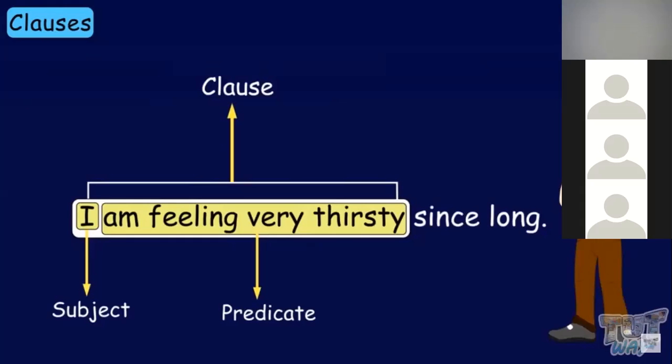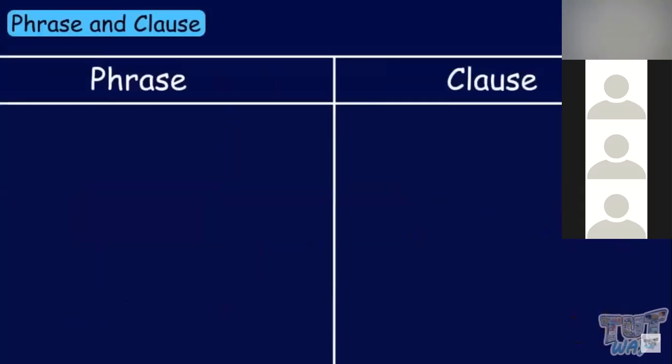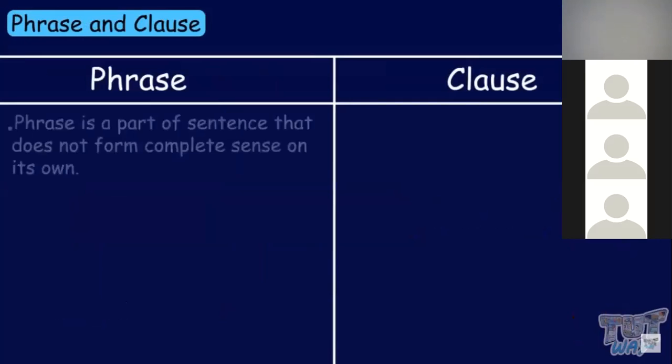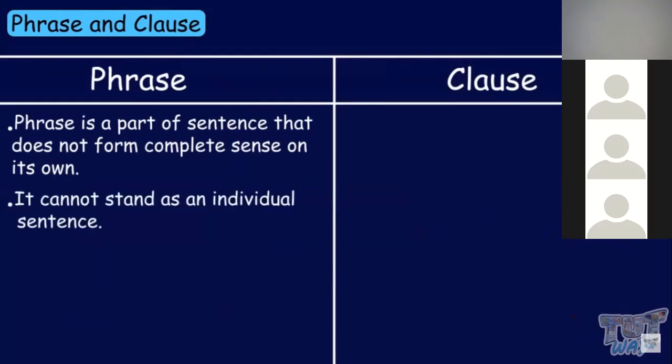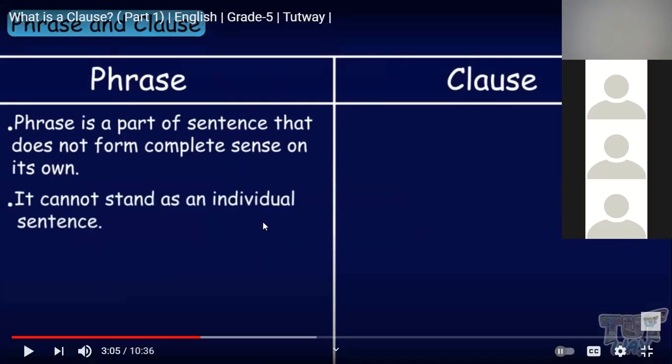So let's revise the difference between the phrase and clause. A phrase is a part of a sentence that does not form complete sense on its own. It cannot stand as an individual sentence. So, who wants to read the characteristics of the phrase again?